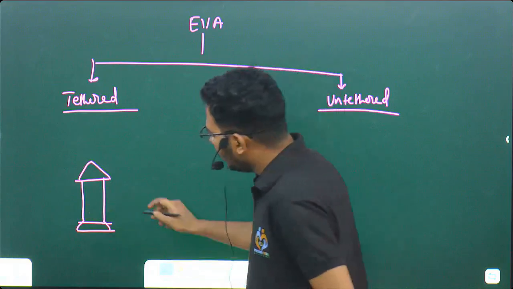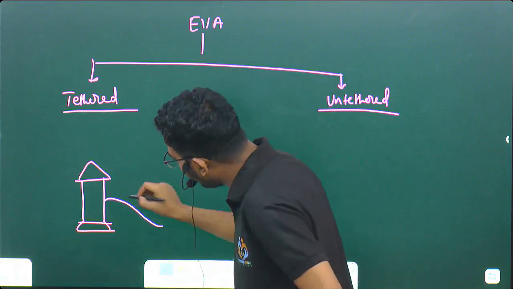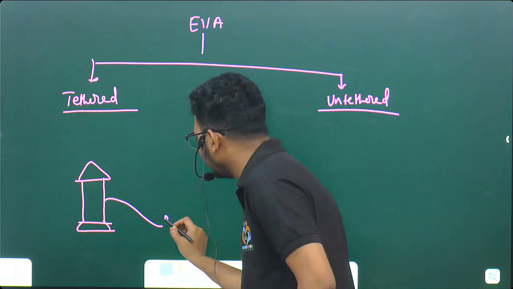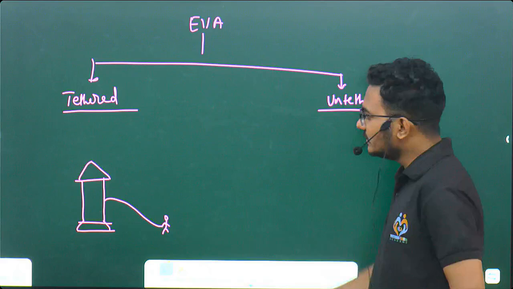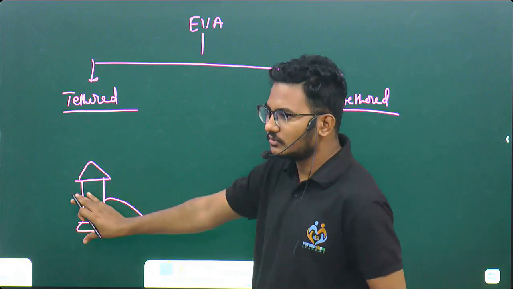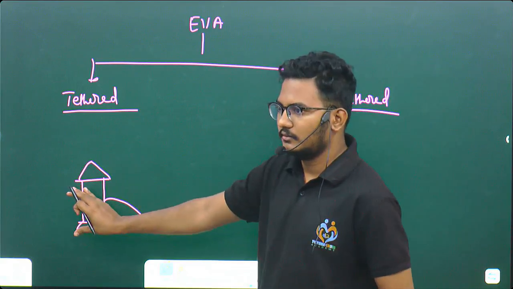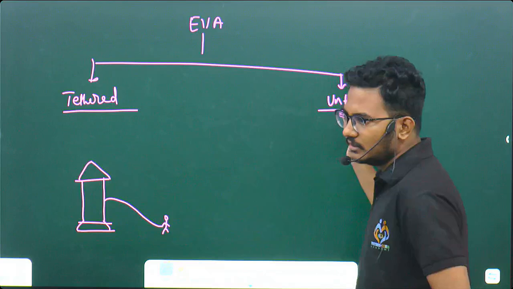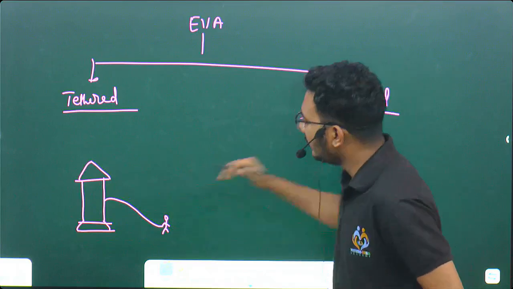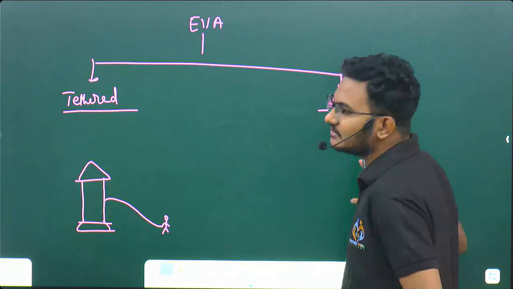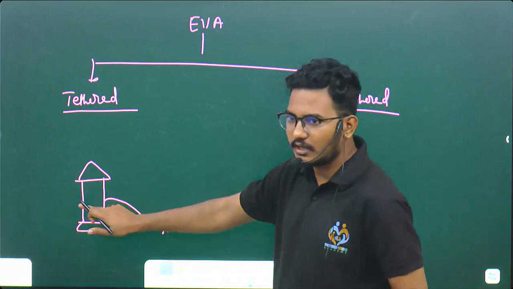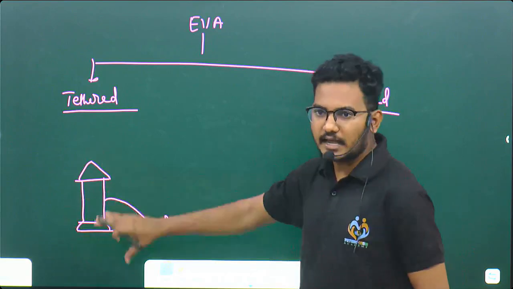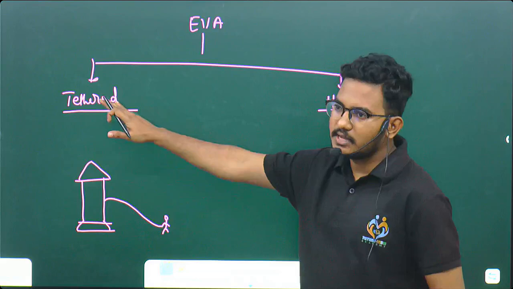While coming out, if he has an attachment to the vehicle, then this is called tethered, which means his body is still attached to the shuttle. Untethered means this guy comes out and he is independent, which means he is not attached to the shuttle.